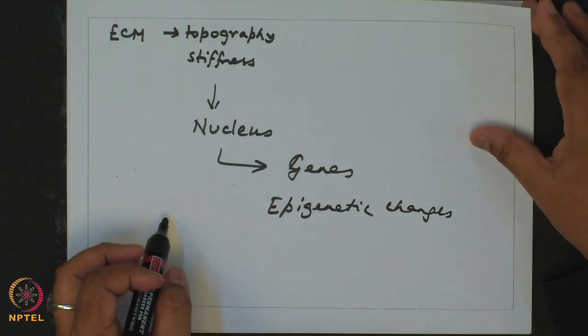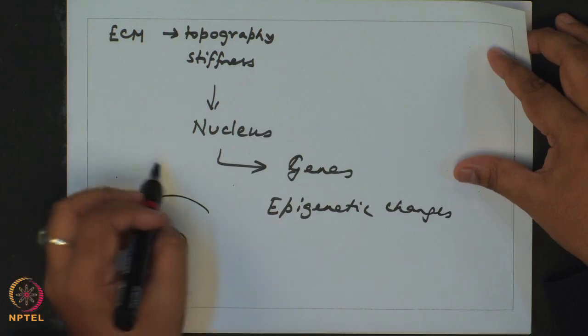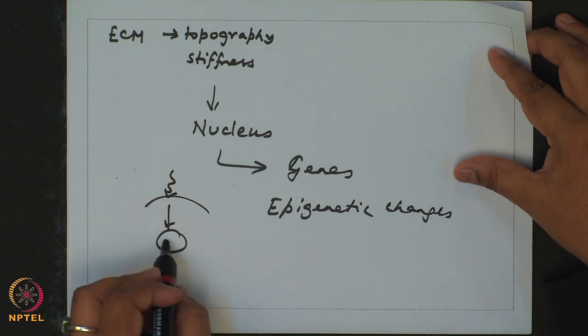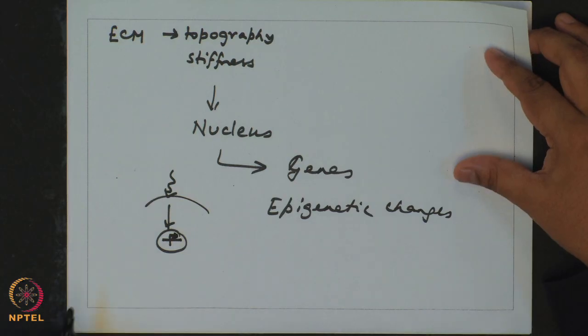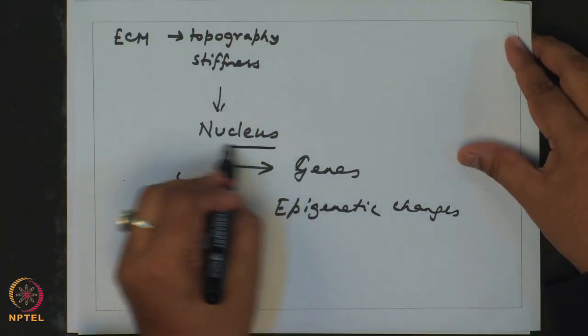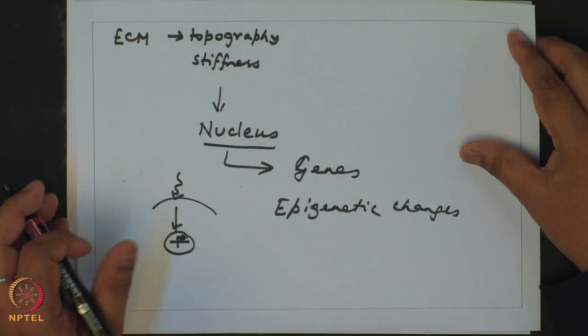So, it is important to understand how a signal is transmitted from the cell periphery to the cell nucleus and eventually activates a given gene. In that regard the nucleus becomes an important command center.